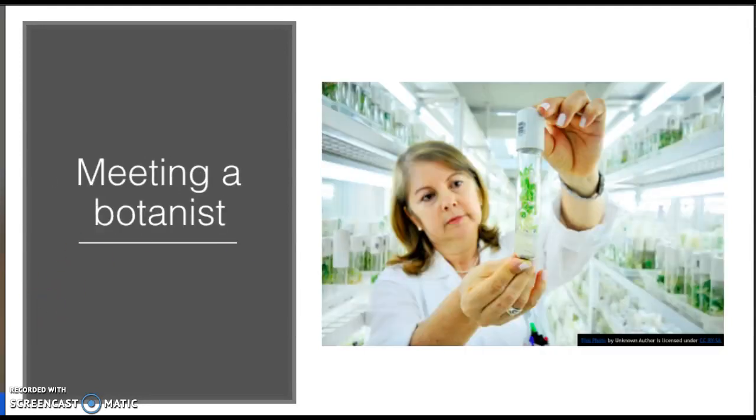While we're at the garden, we would like to visit a botanist. The botanist would be able to tell us a little bit more about her job or his job, and tell us more about the importance of plants and vegetables to our environment and why we need them so much.